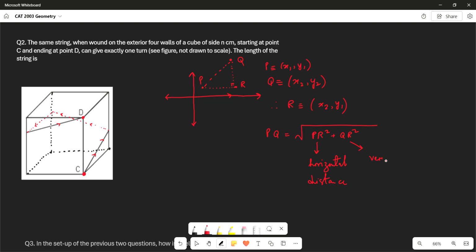QR is the vertical distance, right? So I am squaring the horizontal distance and vertical distance and taking the square root to get the distance PQ. This is basically Pythagoras theorem. Similarly, in this question, if I open the faces, or the sides of the cube, okay, so what is the horizontal distance from point C?